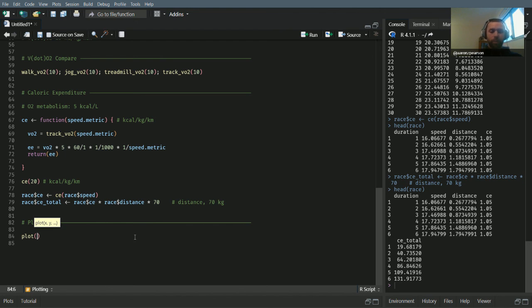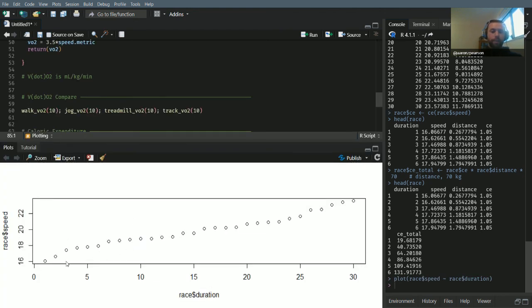So we'll use race, the speed at which they traveled over the duration. And we'll get that. So we see that this individual started the race at about 16 kilometers per hour, then slowly increased their pace over the course of 30 minutes to about 24 kilometers per hour.